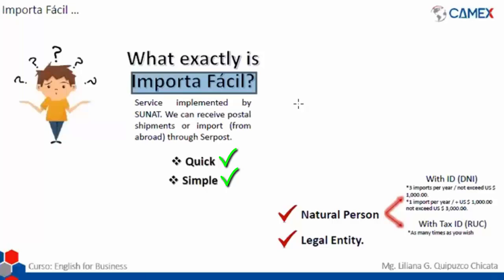Also, when you are buying any kind of products for your personal use or for selling, and also if you're receiving postal shipments via EMS, you are also using Importafácil.